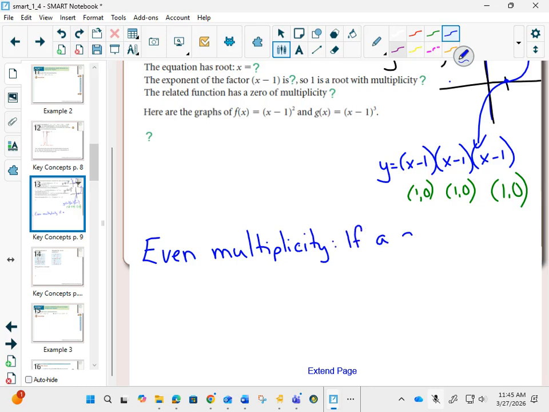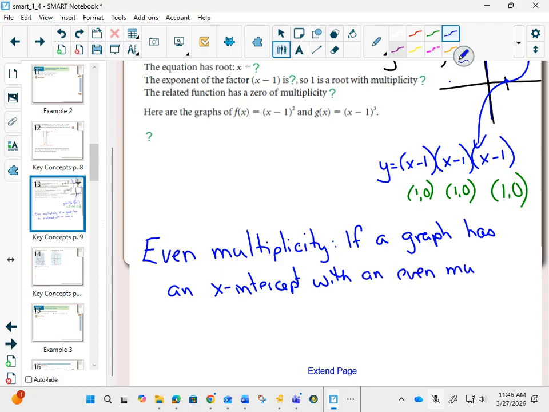If a graph has an x-intercept with an even multiplicity, so it has an exponent of 2, 4, 6, any even number as an exponent.